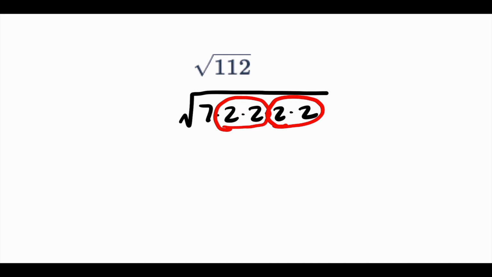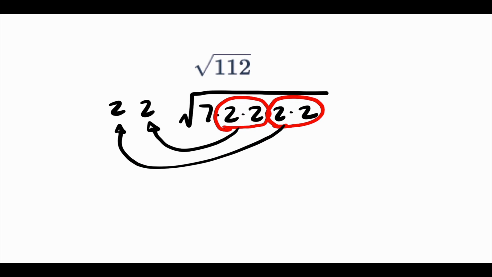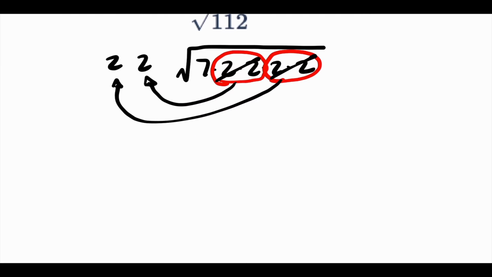So I have 2 pairs. So I'm going to take out a 2 here and a 2 here. I can only take out one representative, one per pair, or one per 3 of a kind. Okay. So I have 2 and 2 in front. What do you think those 2 and 2 are going to do?